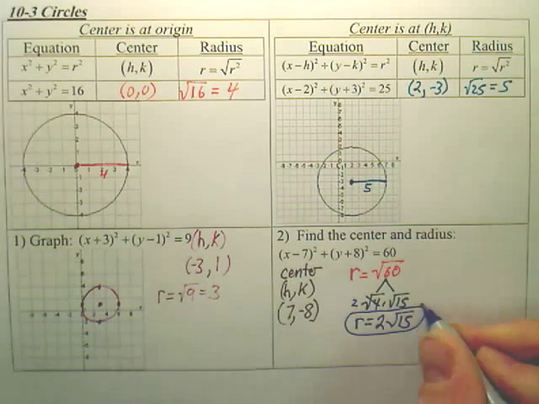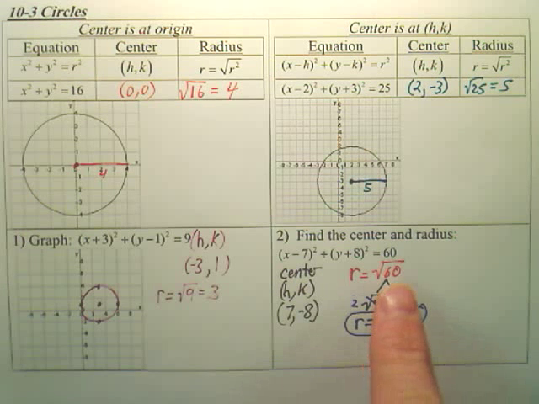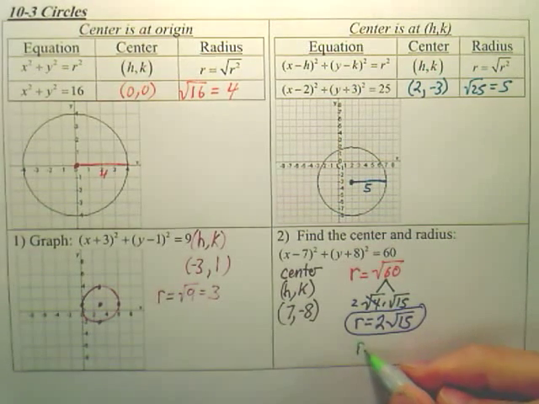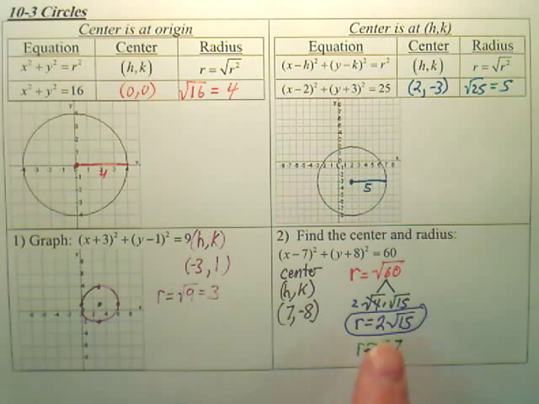It would probably be written like this instead of square root of 60. That would be your radius. And that value would be somewhere between 7 and 8, since the square root of 64 is 8, closer to 8, probably about 7.7 or 7.6, because again it's between 49 and 64.